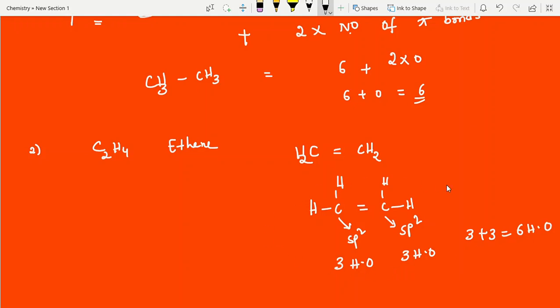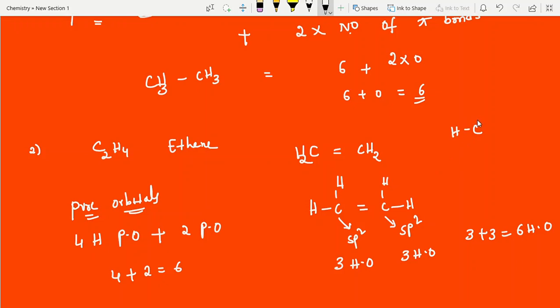Next, pure orbitals. Can you calculate pure orbitals? Here pure orbitals are a little confusing, students. Here 4 hydrogens are there, no? Because of 4 hydrogens, 4 pure orbitals, plus 1 pi bond is there. Because of 1 pi bond, 2 pure orbitals. 4 plus 2, 6. Actually, we discussed this at hybridization time. This is after bond formation. Let me draw the structure.